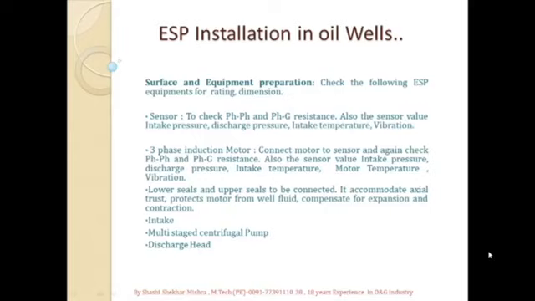In order of running in, first we will check the gauge sensor for electrical continuity and various parameters like intake pressure, discharge pressure, intake temperature, motor temperature and vibration at the surface. If we find it okay, then we will make it up to the motor.